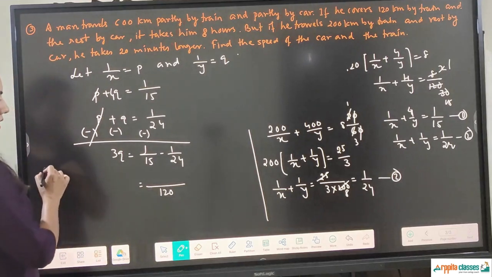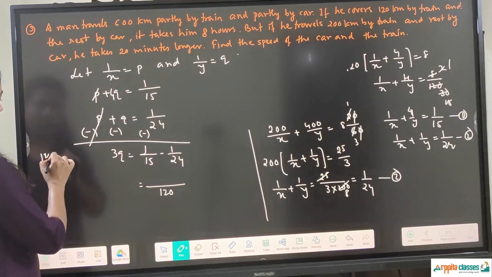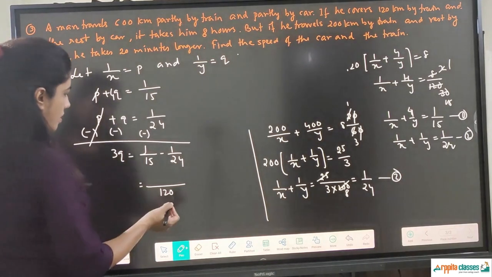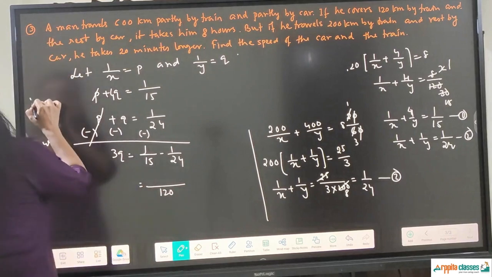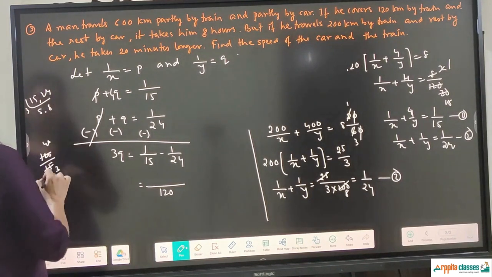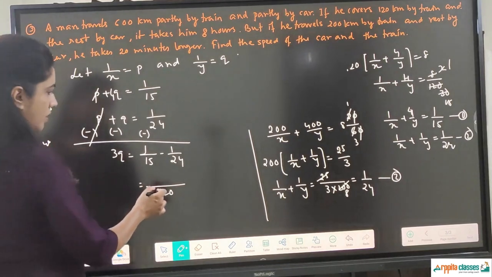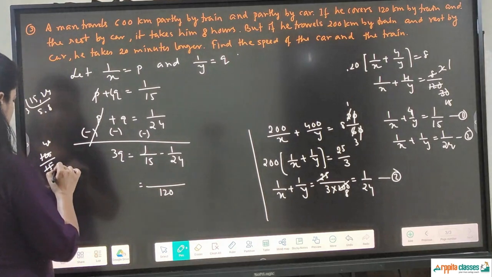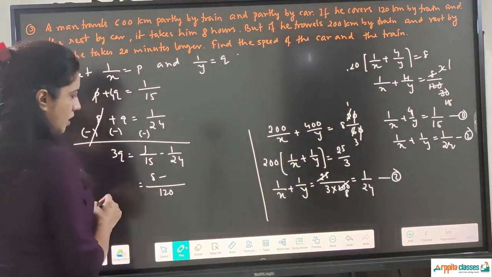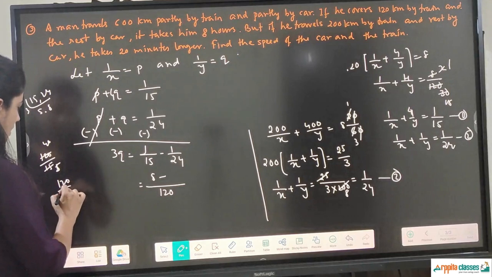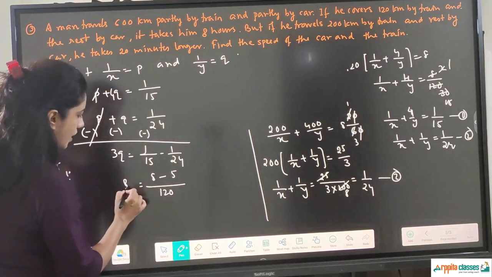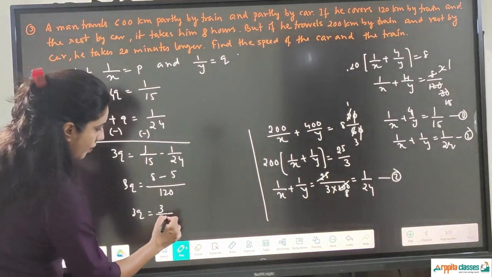Now 120 upon 15 is how much? 8. So 8 minus 5. So we are getting 3q is equal to 3 upon 120.